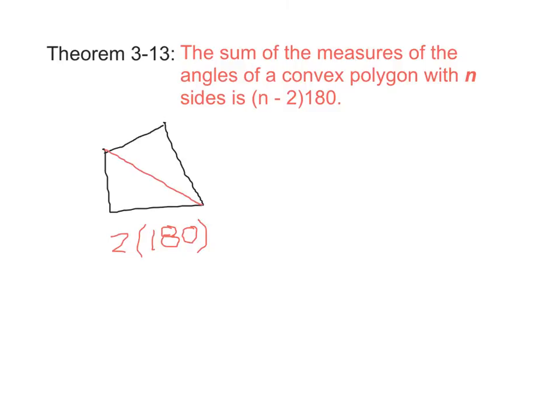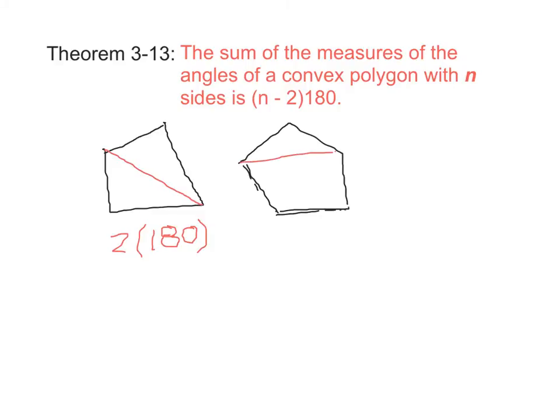All right, now let's look at more sides to the figure. Let's say we've got 1, 2, 3, 4, 5 sides, so basically a pentagon. Again, I'm going to divide this up into triangles.